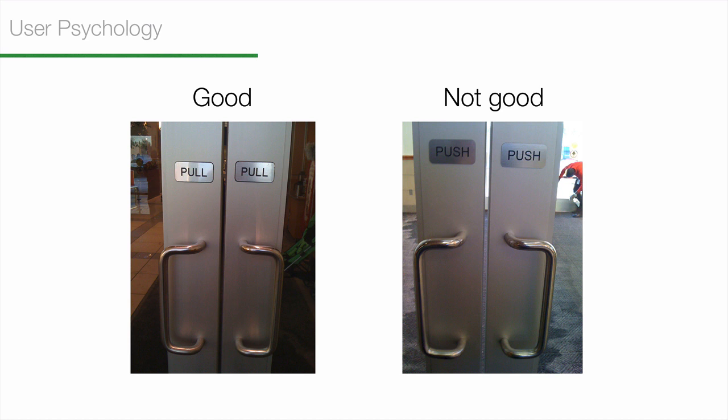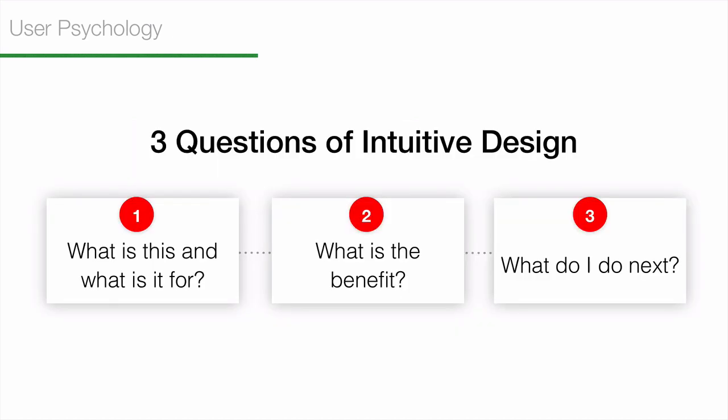In the good design, you've got pull, and you've got a handle there, and in the bad design, which isn't so good, you've got push. And I see this all the time, and this is just introducing a concept called affordance. So customers or users expect to be able to pull something with handles and push something with a door plate, and in this particular instance, it's just not really been designed for purpose.